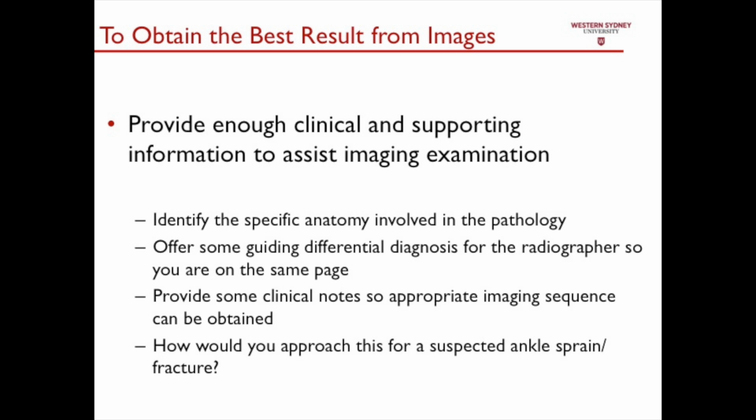We would need to offer some guidance on the potential differential diagnosis so that the radiographer can be cognizant of those and ensure that they get sufficient detail on the key structures that may be involved. You'd need to provide some clinical notes so that an appropriate imaging sequence could be obtained. And you would need to specifically think about how you may approach this, particularly for a suspected ankle sprain or fracture, given what we've talked about with the Ottawa Charter.